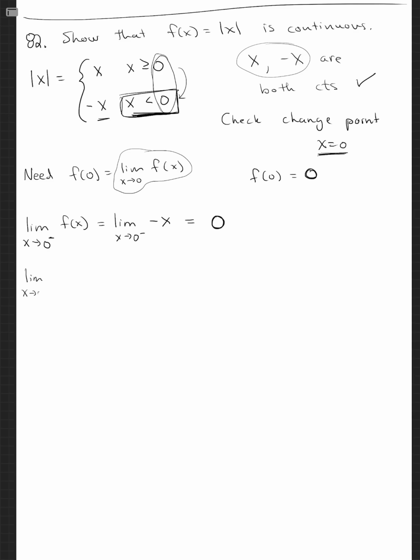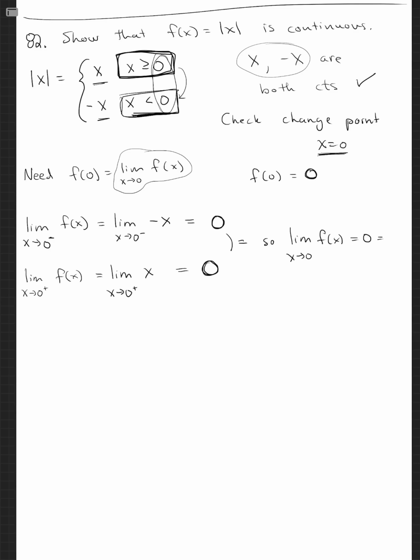Now we need to check the limit as x goes to 0 from the right of f of x. If we're to the right of 0, then we're always going to be in this piece, which means our f of x is basically just x. That's a continuous piece, so we can do substitution. These two are equal, so the limit as x goes to 0, no sides mentioned, of f of x equals 0.